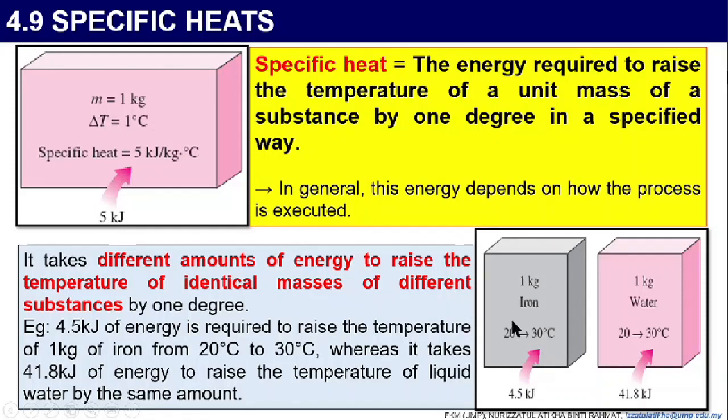For iron, maybe we add 4.5 kilojoules. However, for water, you need to add 41.8 kilojoules of energy in order to increase from 20 to 30 degrees Celsius. That is why the specific heat depends on substances. Not all substances have the same specific heat. That's a very easy example to understand.